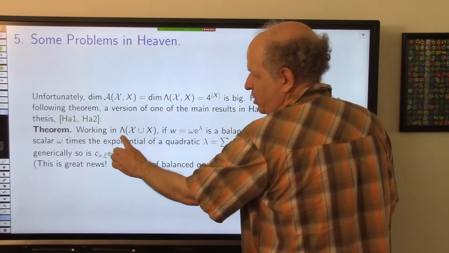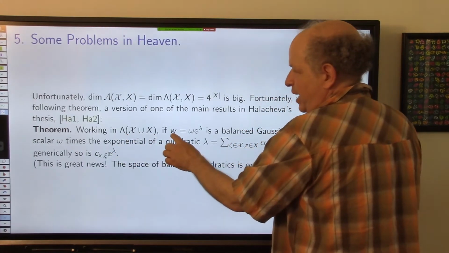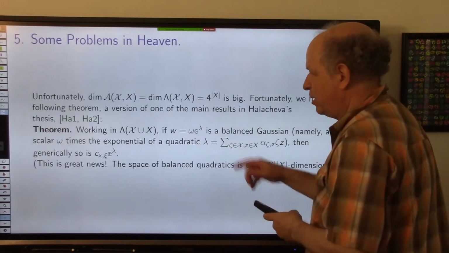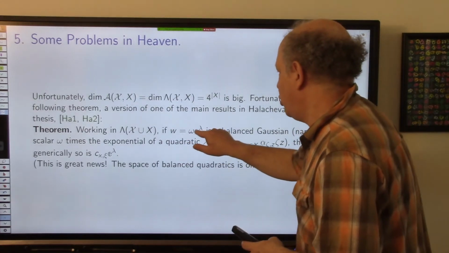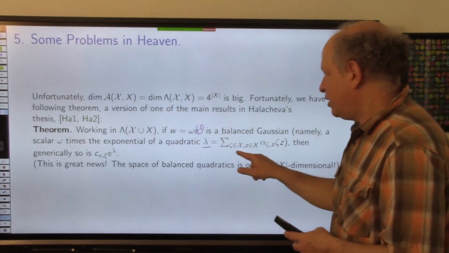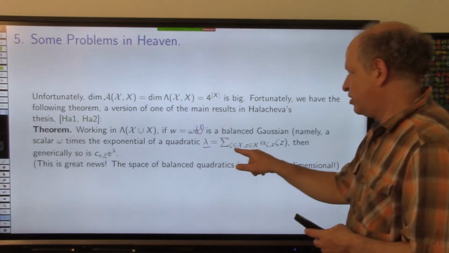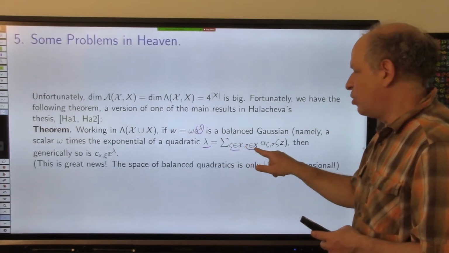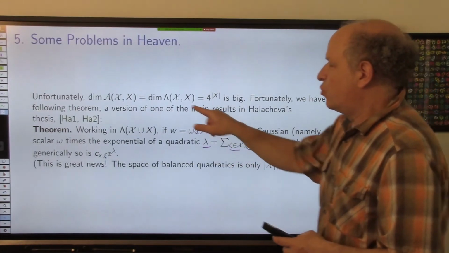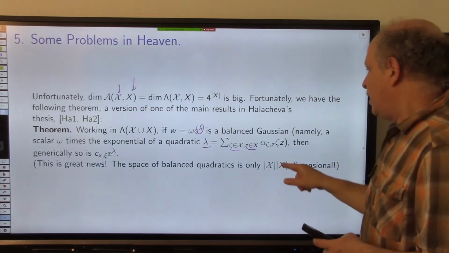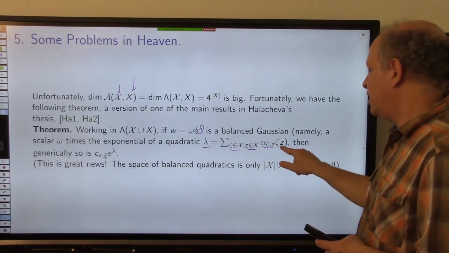If we are in the exterior algebra, and if we have a W that looks like a scalar times the exponential of a balanced quadratic, so lambda is a certain sum of zeta over zeta and z running in those two sets of a coefficient times zeta z.